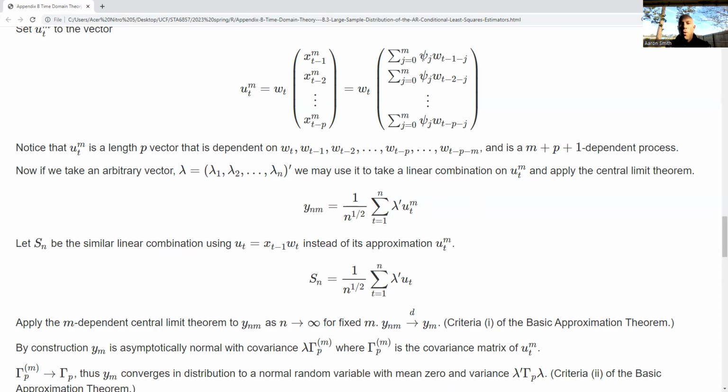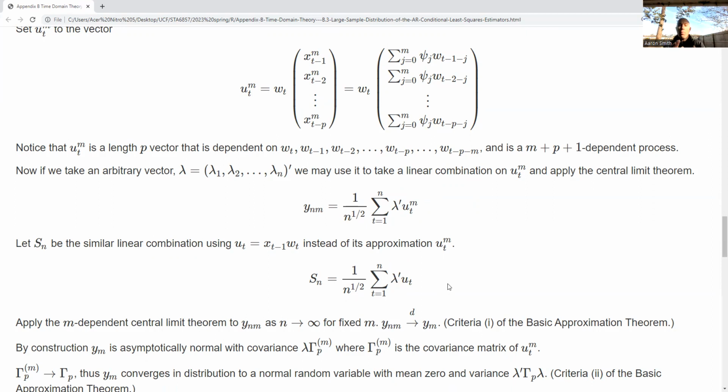So here we're using approximations for our X's inside here. Well, here we're actually using the actual X's inside here. But I'm using the same arbitrary vector both times, and I'm dividing by the square root of n both times.